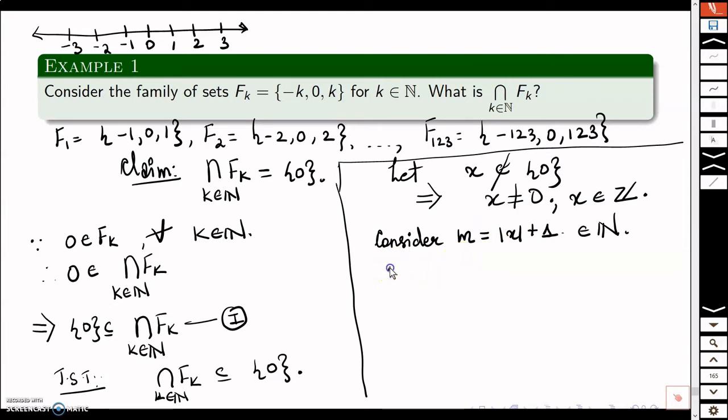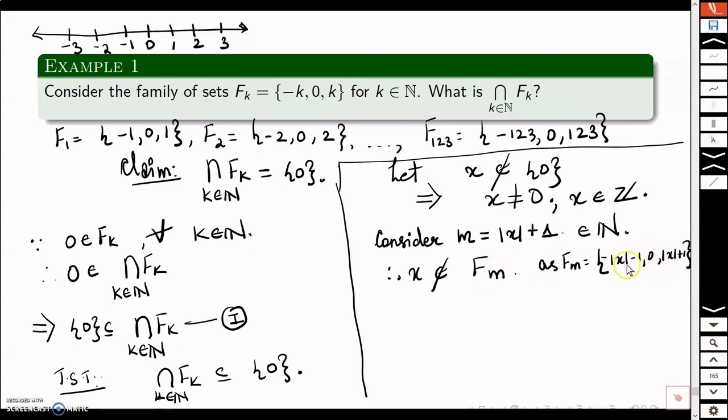So the point x is not going to come in this f_m, because what will be f_m? It will be mod x minus 1 and mod x plus 1, right? This is a non-negative quantity and I'm adding 1 to it and subtracting 1 from it in both the cases.